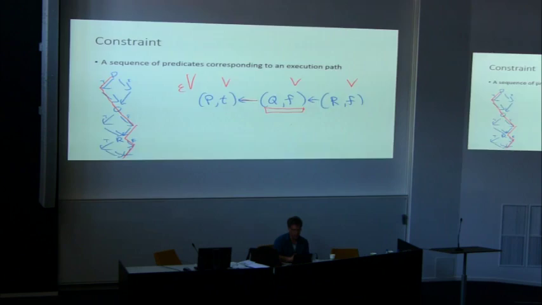When I pop a constraint from the queue, I just take the prefix before that, and then I negate the one I've currently got. So after I explore this path, what will I do next? I will take the first constraint, which is P true, and then I will ask, is there a way to make P false?